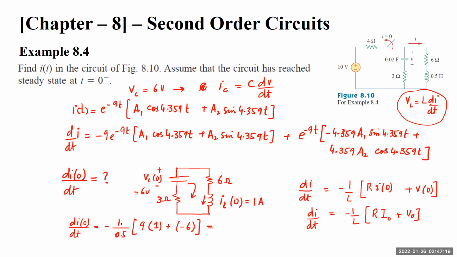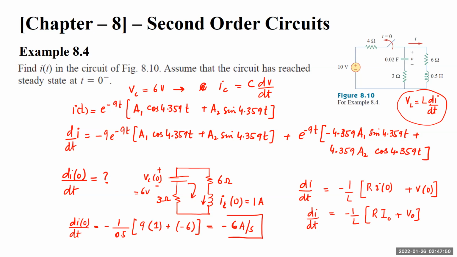Overall this becomes minus 6 amperes per second. So the rate of change of current across the inductor will be minus 6 amperes per second.